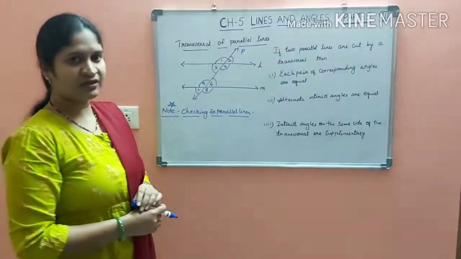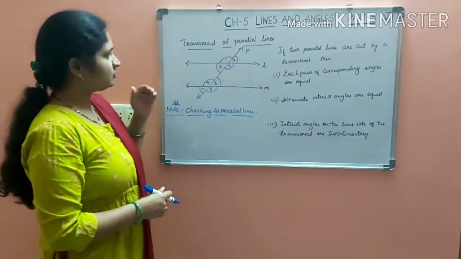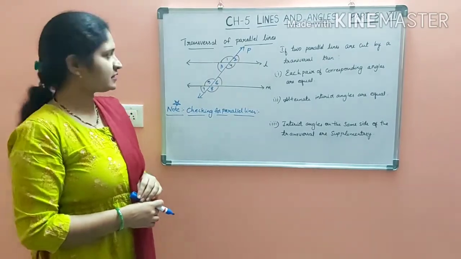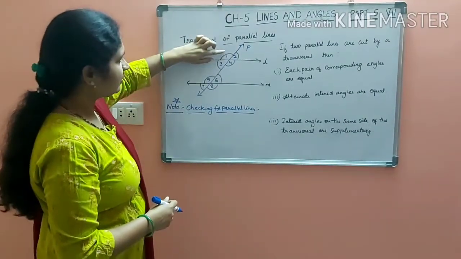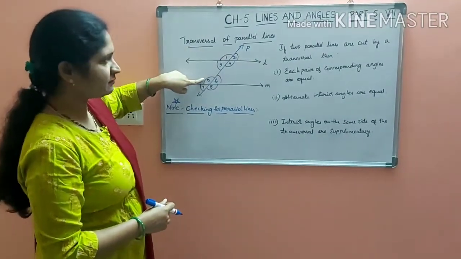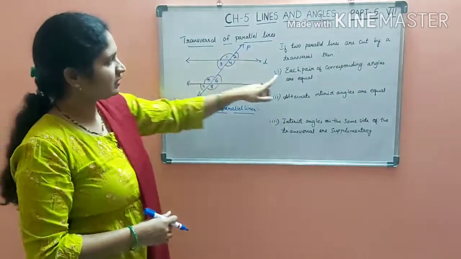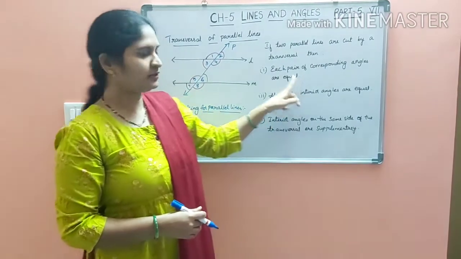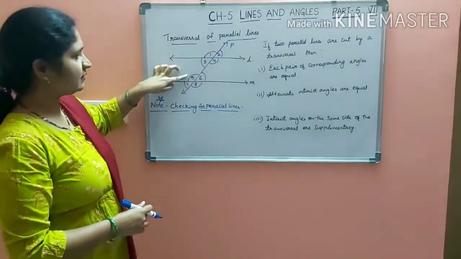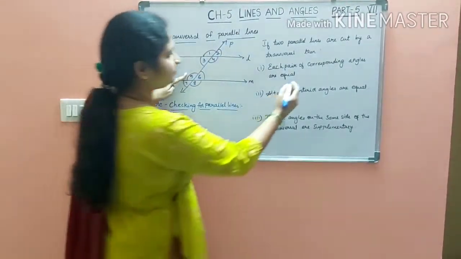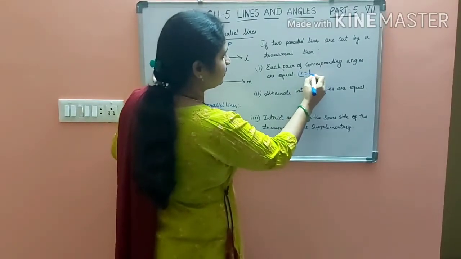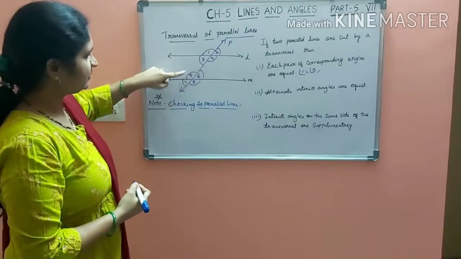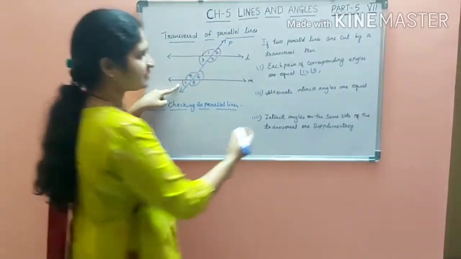Here what are corresponding angles children? One should be interior, one should be exterior on the same side of the transversal. If you see here, angle 1 and angle 5 are corresponding here. What I am saying here, each pair of corresponding angles are equal here. So, angle 1 is equal to angle 5, comma, again next pair is angle 3 is equal to angle 7.